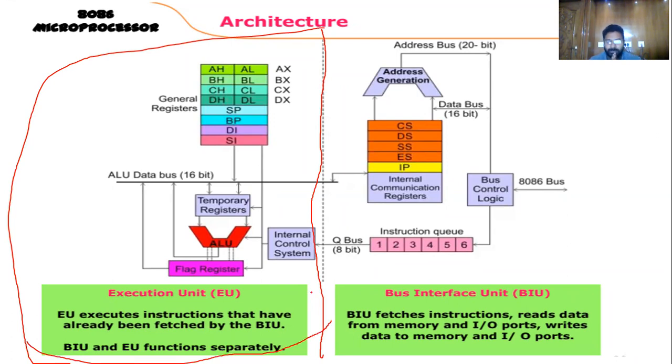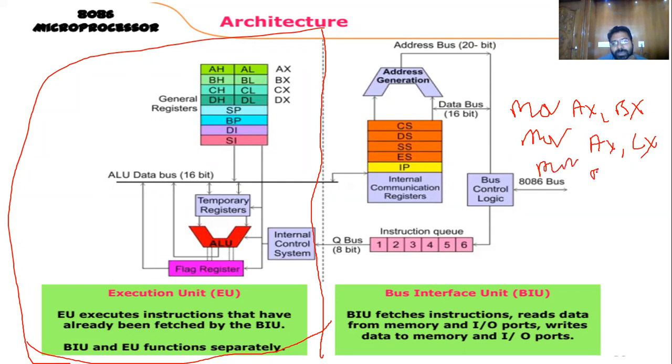Suppose I write the program like this: move ax comma bx. Or move ax comma cx, or move bx comma ax, or whatever it may be.